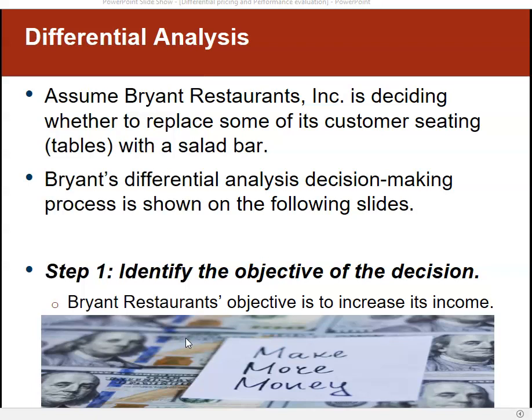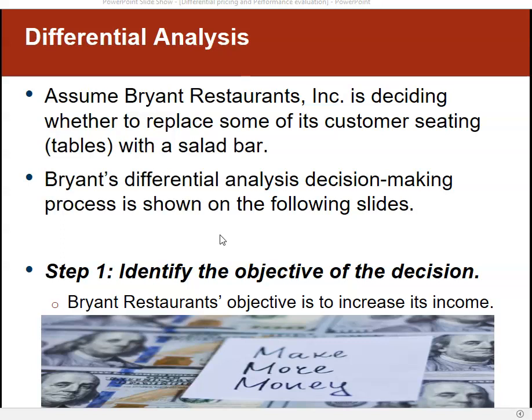All right, so we have a little example here. It says assume that Bryant Restaurants is deciding whether to replace some of its customer seating with a salad bar. And in line with step one, they're not just deciding to do this because they don't have anything else to do.